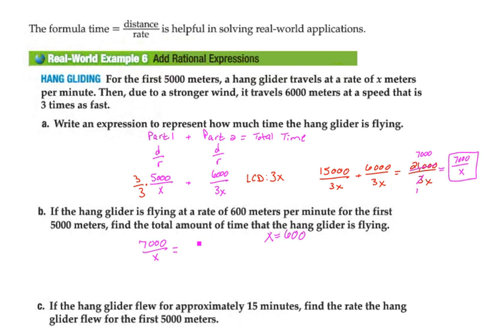We know what x is now. So 7,000 over 600, which ends up at about 11.7. We're dealing with meters per minute. So what is this telling us? She was in the air for 11.7 minutes.